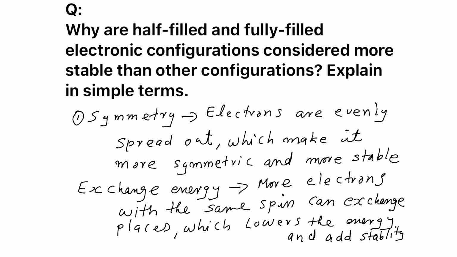More reduction in energy will give them what? More stability. Clear, right? Okay. So symmetry leads to stability, and less energy leads to stability. So which are the two reasons due to which half-filled and fully filled configurations are highly stable? First is due to symmetry. Second is due to exchange energy. See, this is very, very important. This question is very, very, very important.